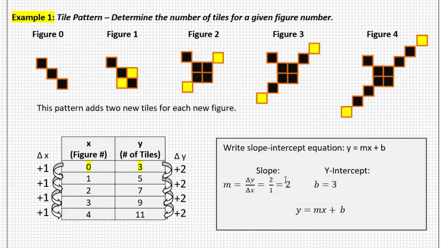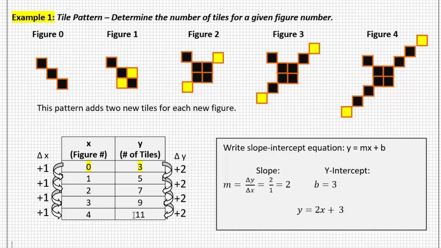So the last thing to do is take our slope calculation and our y-intercept and plug it into the equation. So if we replace m with 2 and b with 3, we've now taken this linear tile pattern, analyzed how many tiles it added for each new figure number, and created a table to represent that.